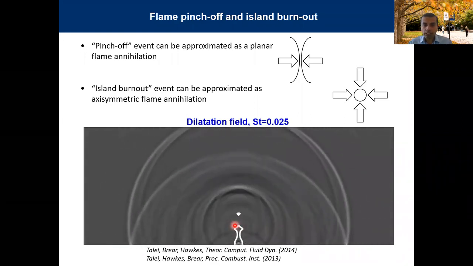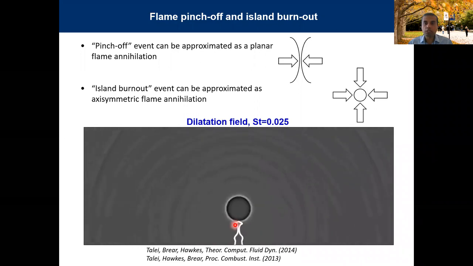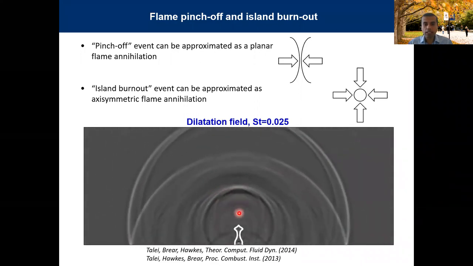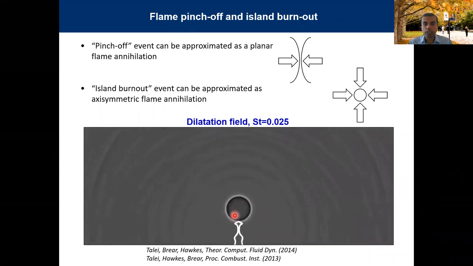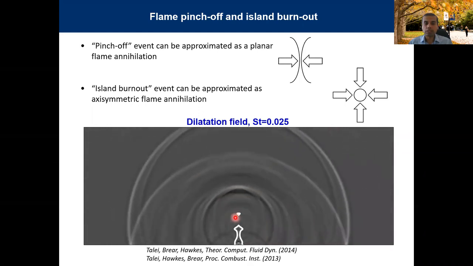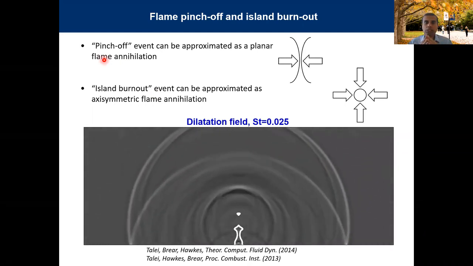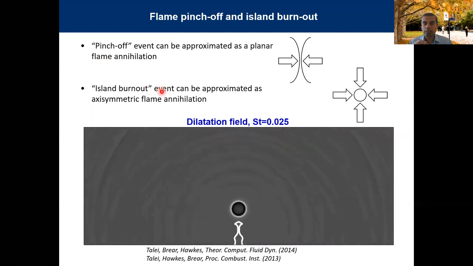As a result of this event, which we call a pinch-off event, you have a pocket forming, and the burnout of that pocket is also a source of sound. So you can see that sound is being generated as a result of this pocket burnout. So we call these two events pinch-off and island burnout, okay?